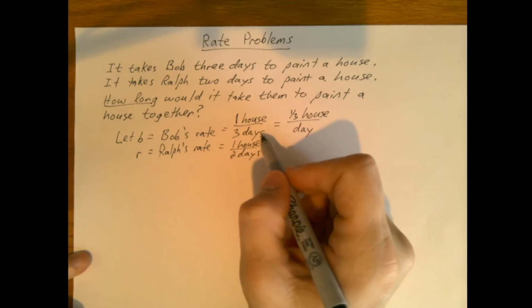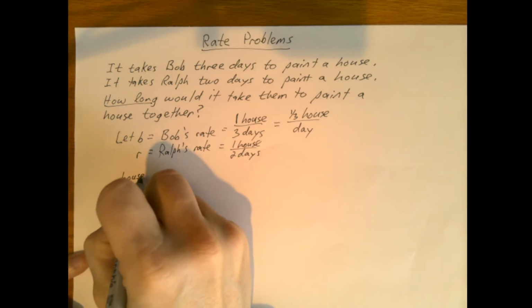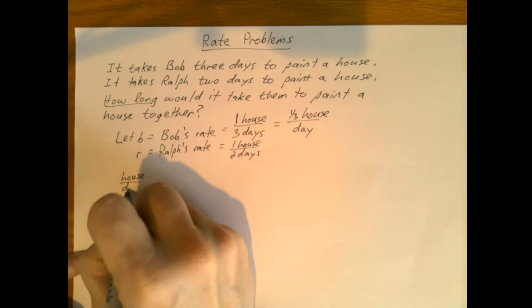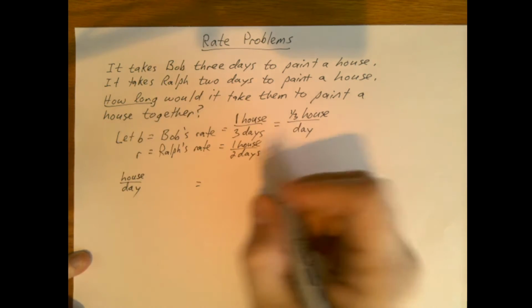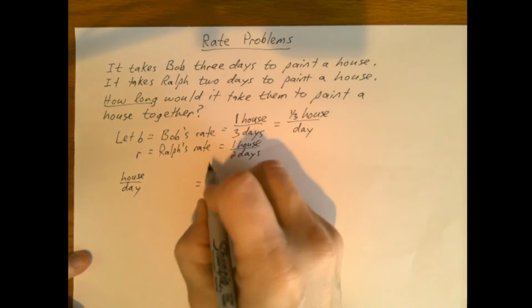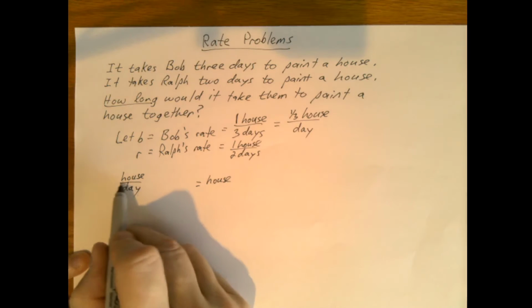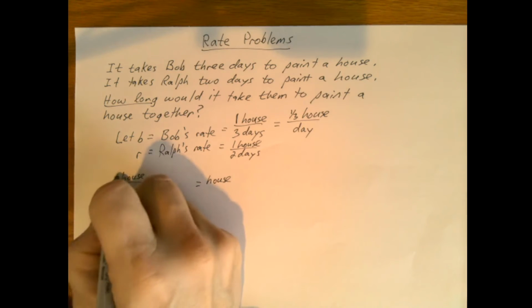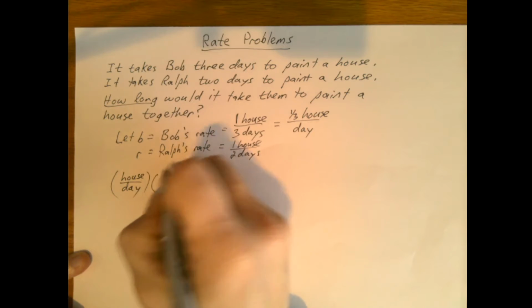Notice I've also been writing units. So here we have houses per day, and ultimately we're going to have the number of houses. So what do we need to get from here to here? How long? This is time, right?